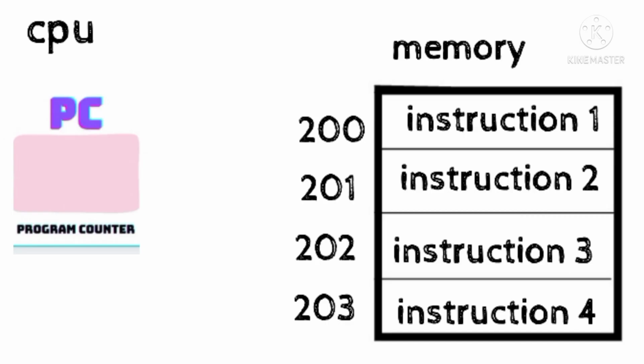For example, if our PC is showing 200, then we will move to memory address 200. You can see in address 200, instruction 1 is there. So instruction 1 will be fetched. The details of instruction fetching, decoding and executing will be explained in an upcoming video. After fetching instruction 1, the PC value will be incremented to the next value.